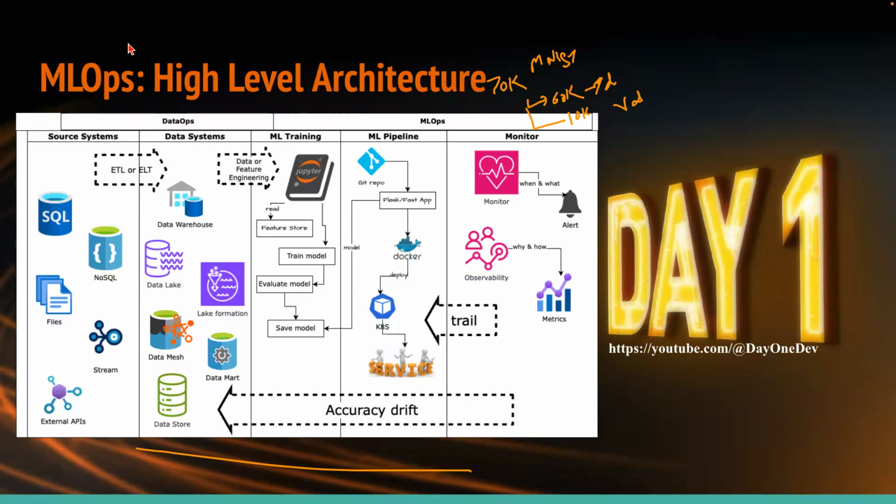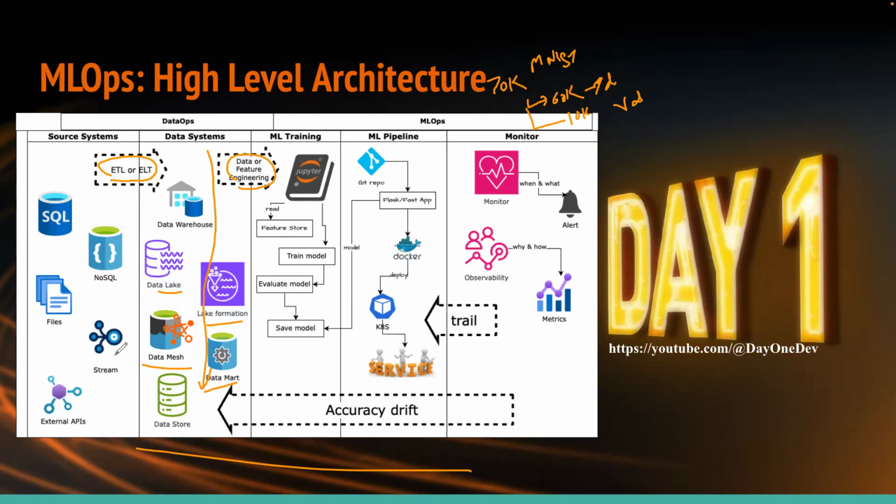As I stated, this is a diagram we talked about in our previous session, where you can see all these source systems feeding the data pipeline. We talked about ETL or ELT. Most of the pipeline work happens in all these data systems, where we use various frameworks like data mesh, data lake, data lake formations, and data marts.